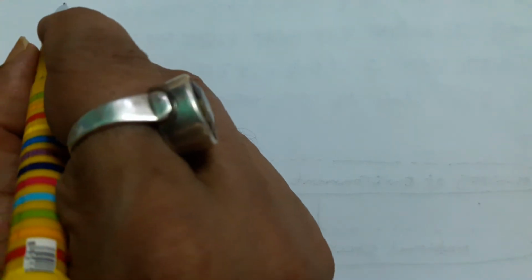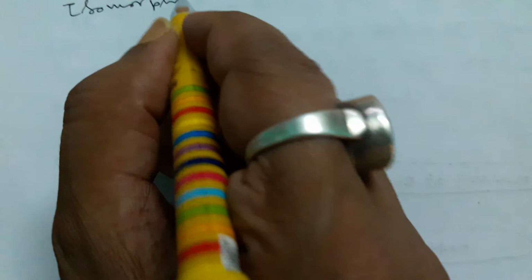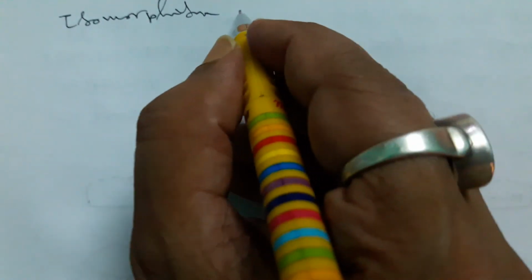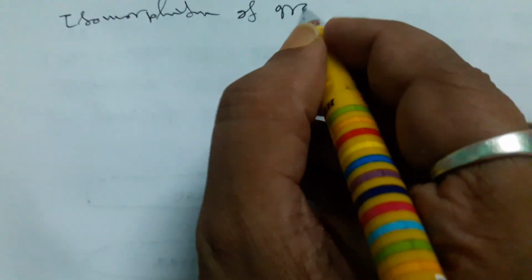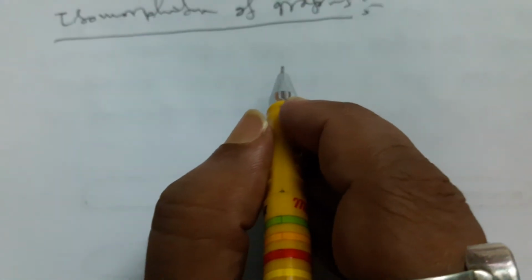Now we consider the isomorphism of graphs.